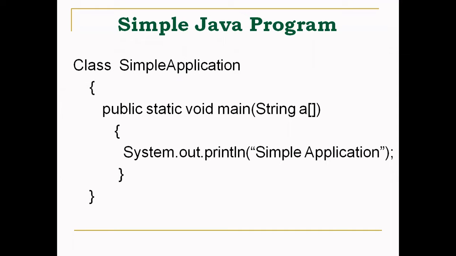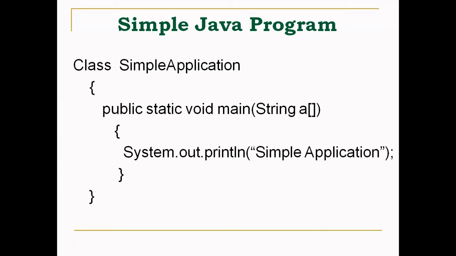Here the main function is the first executable function in a Java application. Before that, we cannot create any objects. So we need to invoke the main function without the help of an object. That's why it is declared with the static modifier.